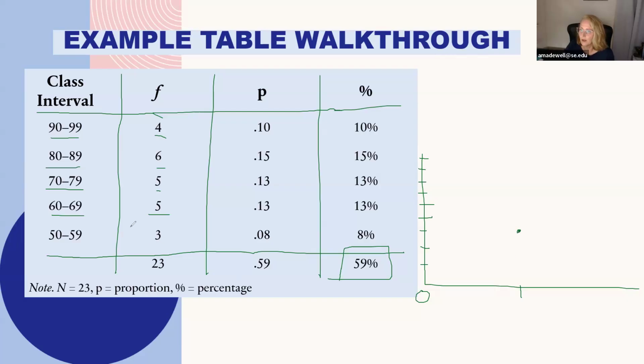If this is 60 to 69, we have 5. At 70, we have 5. At 80, we have 6. And at 90, we have 4.